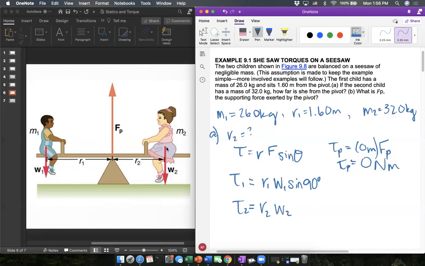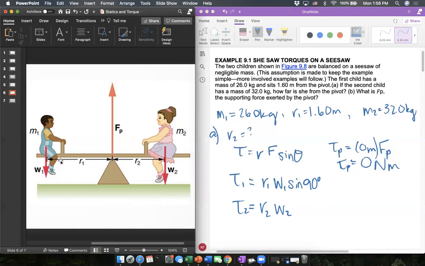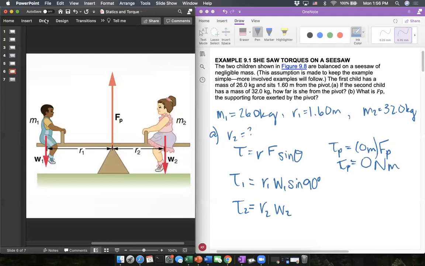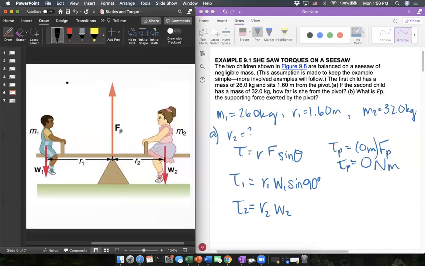If we claimed that this way is positive, I know that was a little confusing. Let me try to draw on it. Again, in red, I said that this way, which is clockwise, is positive.